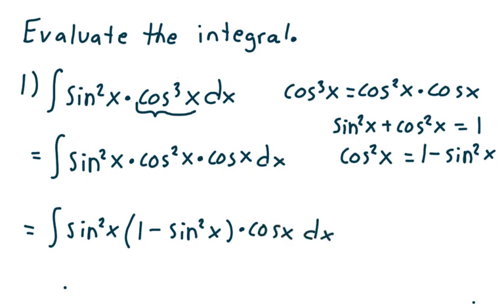And now we're in a perfect position for a u substitution, because I'm going to let u equal sine of x. du is cosine of x dx. So this integral can be written as follows.